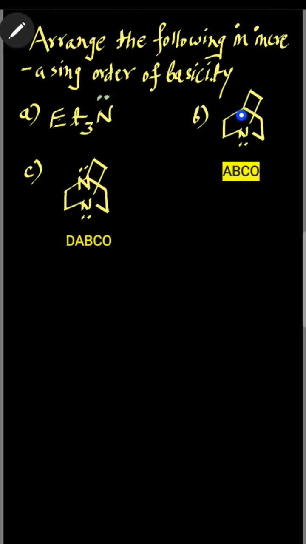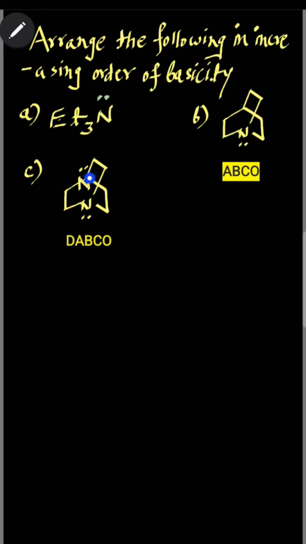Because this bicyclo structure is a very rigid structure, and due to this rigidity the steric hindrance is quite low in this case, and any electron deficient species can come here to accept the electron pair. This is the second factor. So the two factors responsible are, first, the plus I effect of this alkyl group, and second, the rigid structure which makes this nitrogen more accessible to the electron deficient compound.